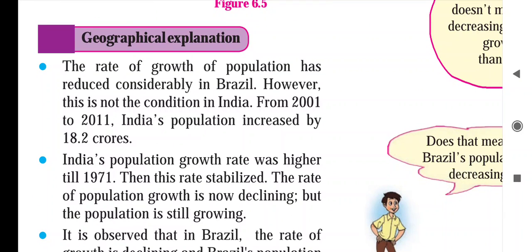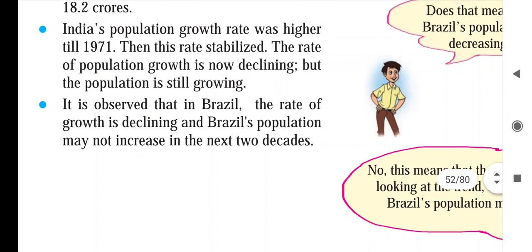Then this rate stabilized. The rate of population growth is now declining, but the population is still growing. It does not mean that India's population is decreasing, population is increasing, but the speed has become less. It is observed that in Brazil the rate of growth is declining, and Brazil's population may not increase in the next 2 decades.